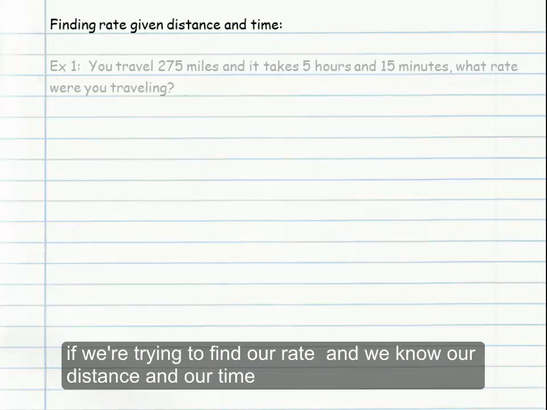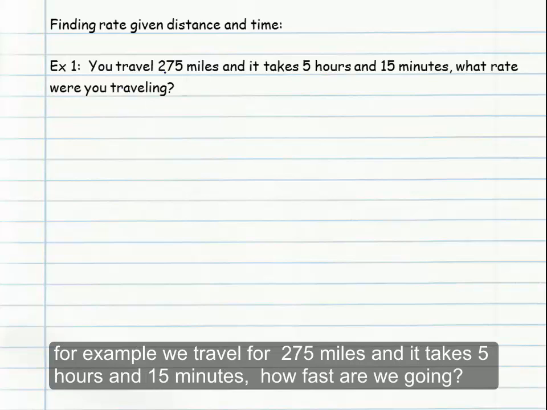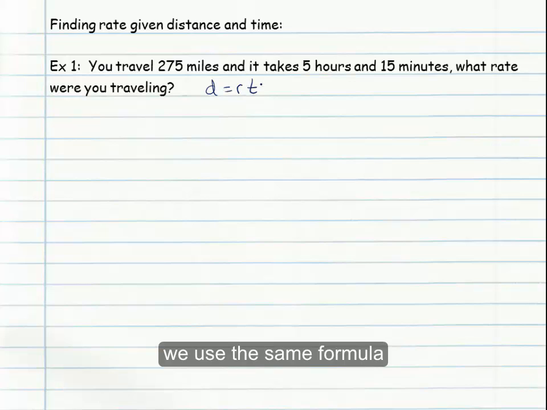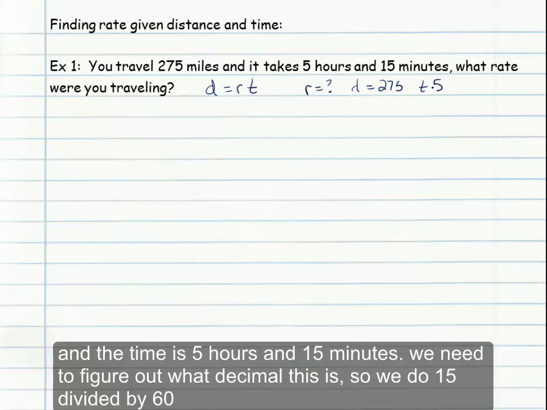If we're trying to find our rate and we know our distance and our time, for example, we travel 275 miles and it takes 5 hours and 15 minutes. How fast are we going? We use the same formula. Our rate is unknown. Our distance is 275 and our time is 5 hours and 15 minutes.